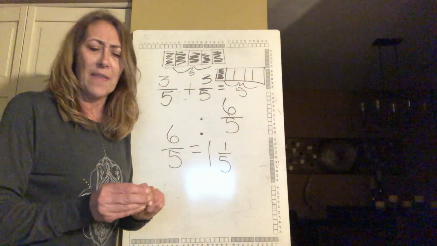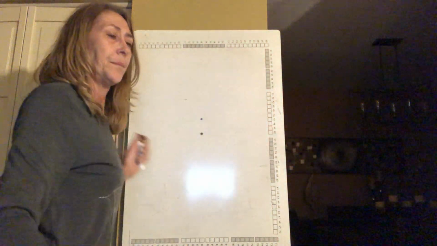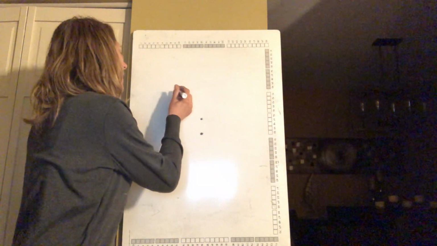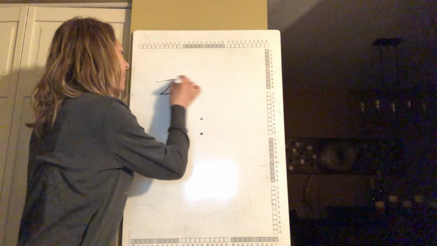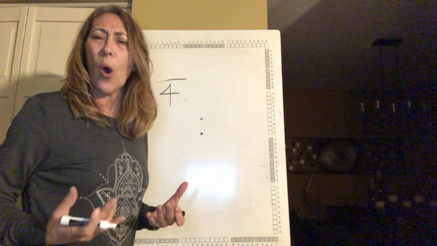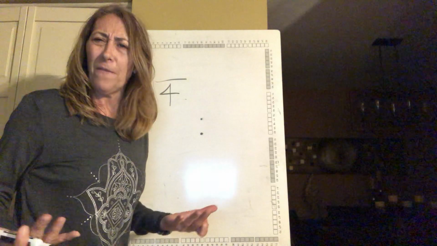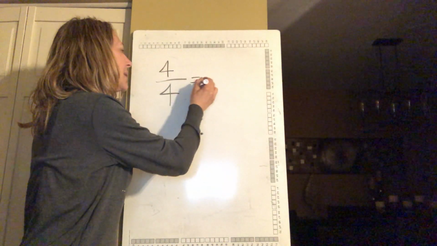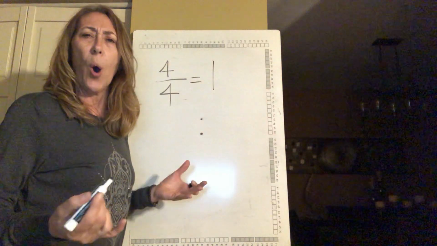Let's take another look at that. If my bottom denominator is 4, how many pieces am I going to need to make a whole? I'm going to need 4, because once my top and bottom are the same, that equals 1 whole.